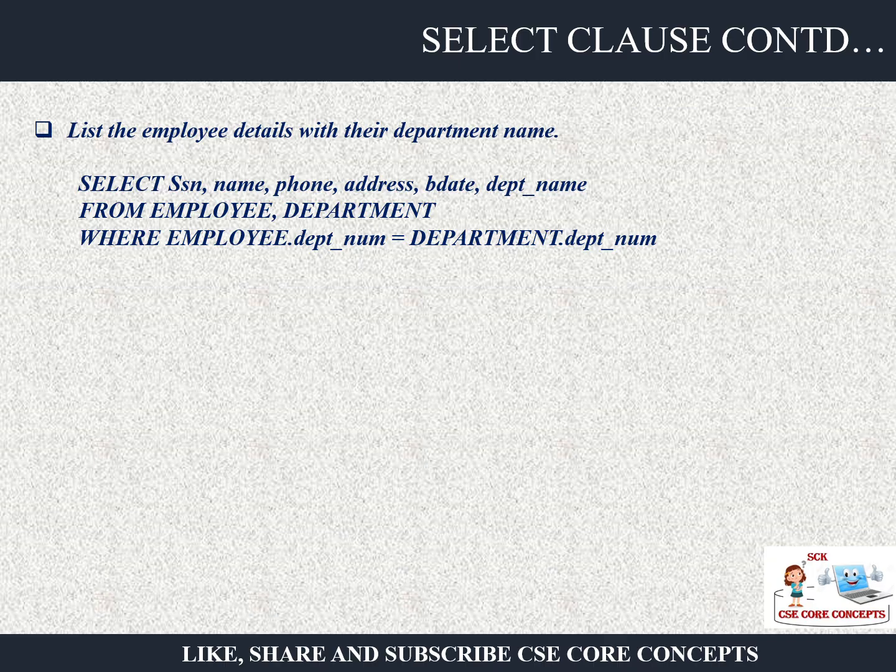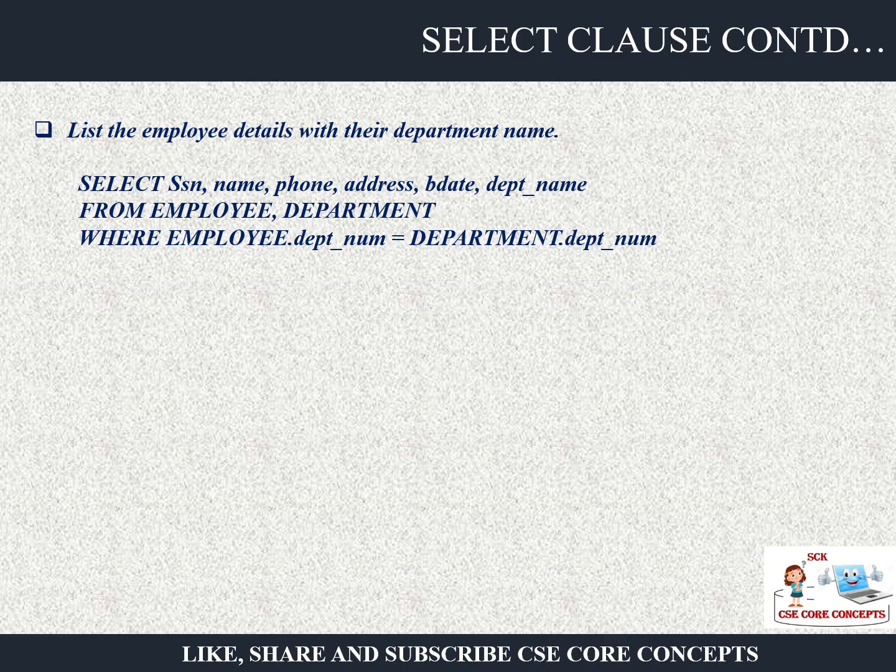So I want to fetch the name where employee.department number and department number are the same. When multiple tables share the same column, it is good practice to prefix that column name with the table name using the dot operator.